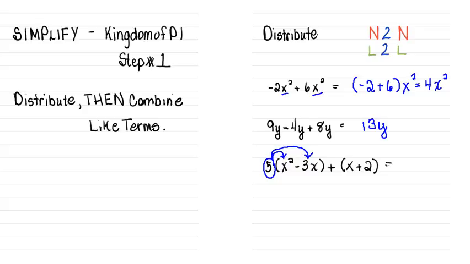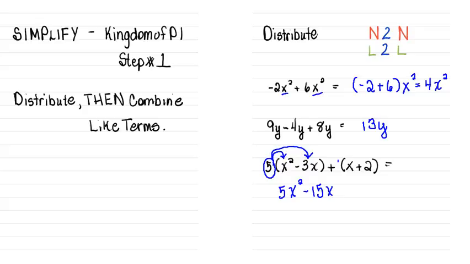I call it my rainbow system, where I let my eyes know exactly where the operation's happening. So we have a 5, and we're going to multiply it to x to the power of 2. I have a 5 times a negative 3, gives me a negative 15. I like to do signs first, math second, x.